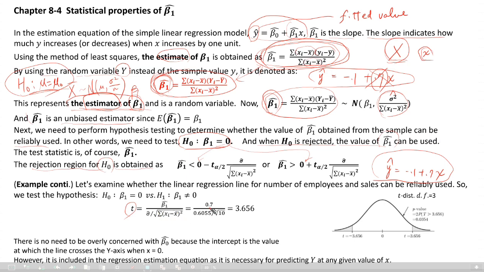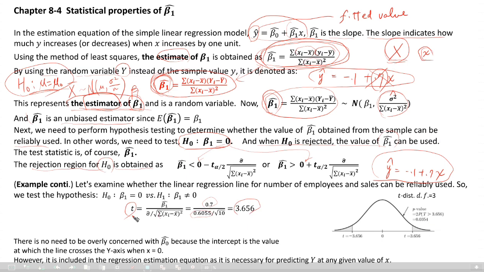So the value is 0.7 divided by 0.6055, the value of sigma hat we obtained last time, divided by the square root of the summation, which is 10, so it's going to be 3.656.